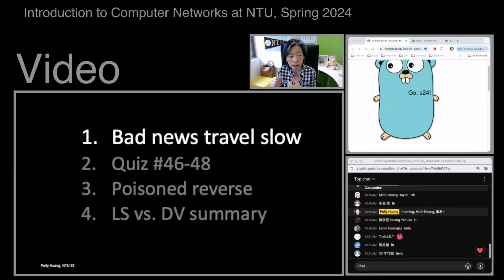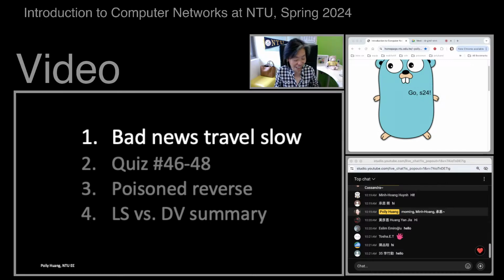And then there's this very special routing protocol called BGP that runs globally across the internet, and that is based on the DV routing principle. In the second half of the lecture, I'm sorry, it's not going to be very interactive, but Polly is still going to take some pop polls. So that is what's going to happen today.